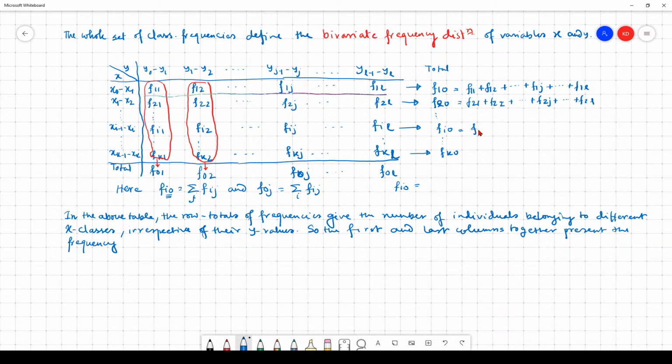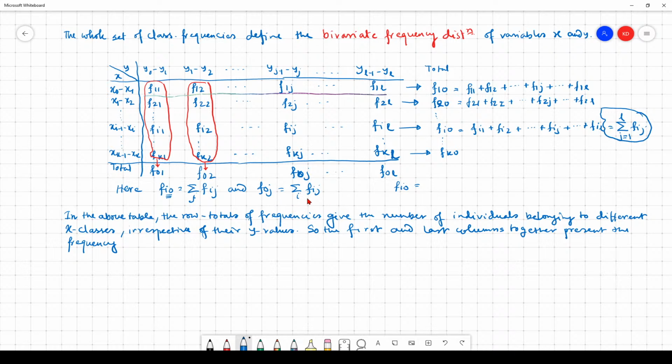It's a marginal frequency: fi1, fi2, fij, fil. This is denoted as the sum over j running from 1 to l of fij. I denote this sum by fi naught.